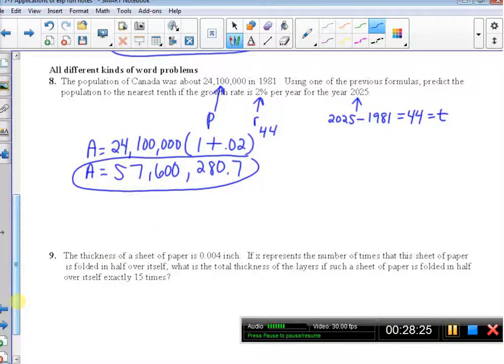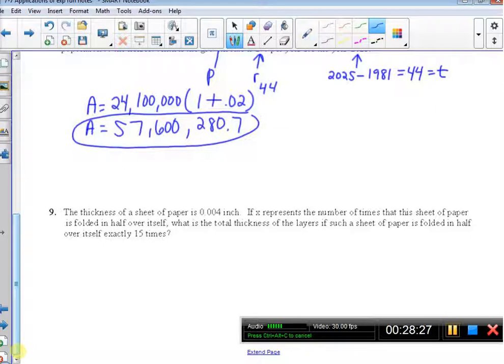Next, the thickness of a sheet of paper is 0.004 inch. If x represents the number of times that this sheet of paper is folded in half over itself, what is the total thickness if it is folded over itself 15 times? Okay, so this is obviously the rate. Sheet of paper is folded in half over itself.